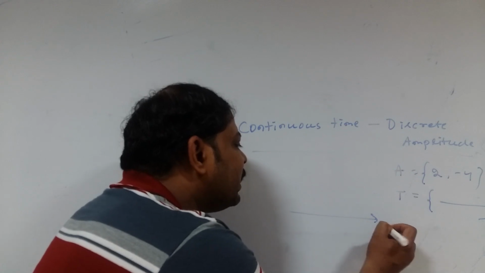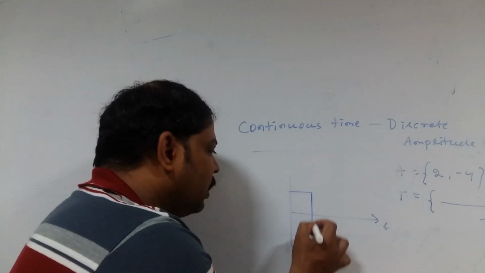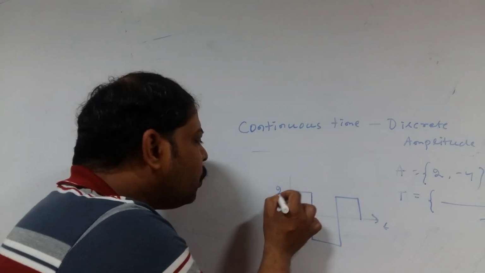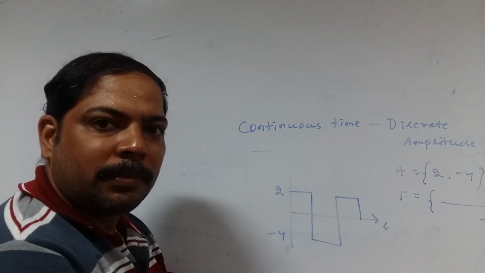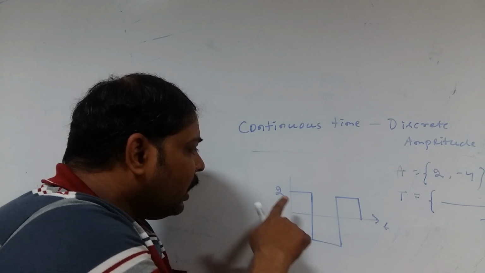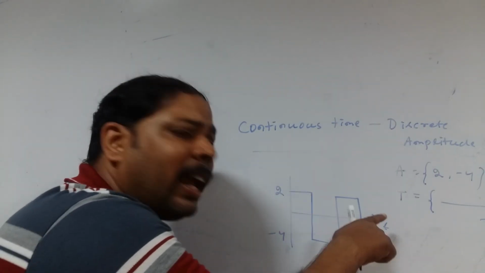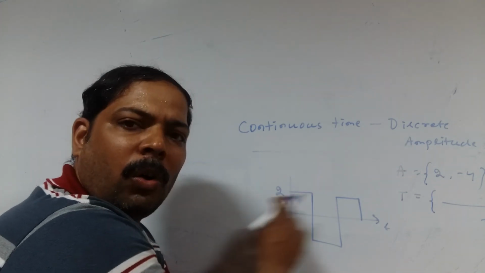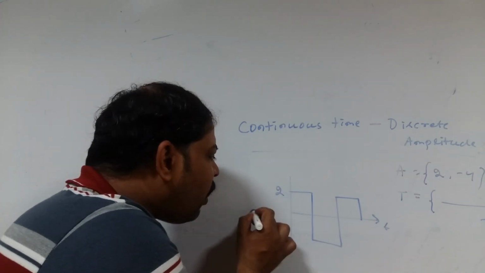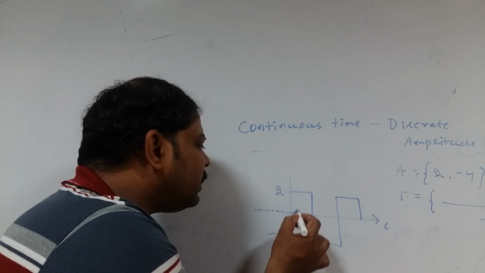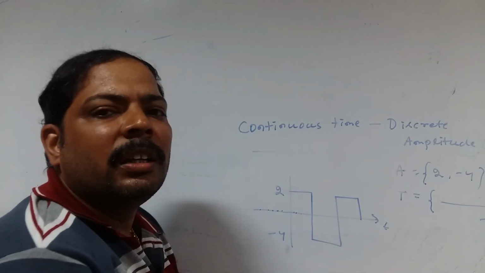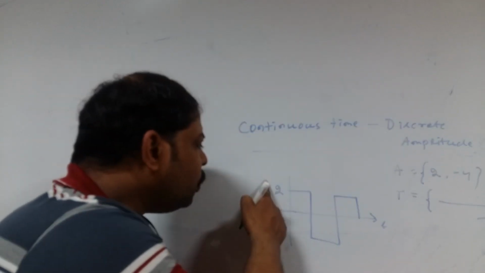Then what you are doing? Suppose you have this signal. This value is 2, this value is minus 2. So the signal for all time takes only two amplitude values, 2 and minus 4. You just take all time. For all time, the signal takes 2 values.